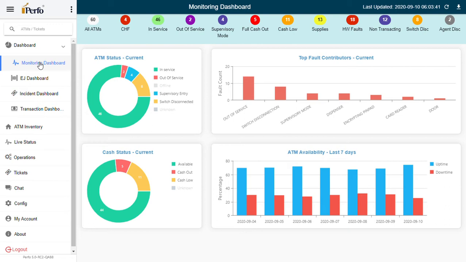Okay, so I will just give a quick overview of the various dashboards that we have in the system.